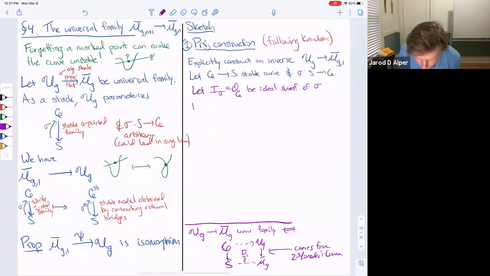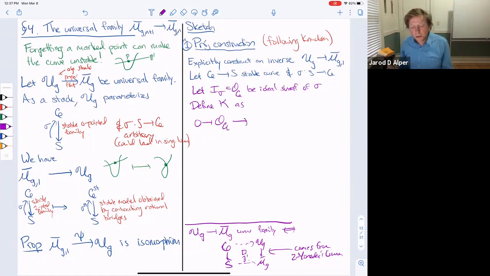Then you define K as follows. You have a map from OC, because the ideal sheaf includes into OC, maps to the dual of I sigma. And then I also map via the identity to another copy of the structure sheaf, and I take K as the quotient.